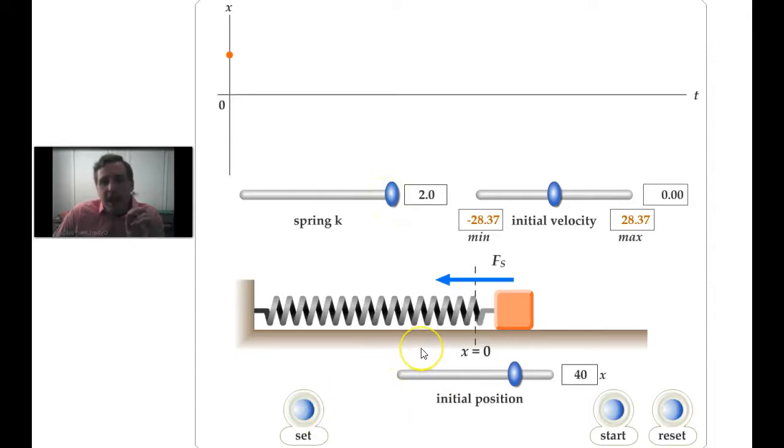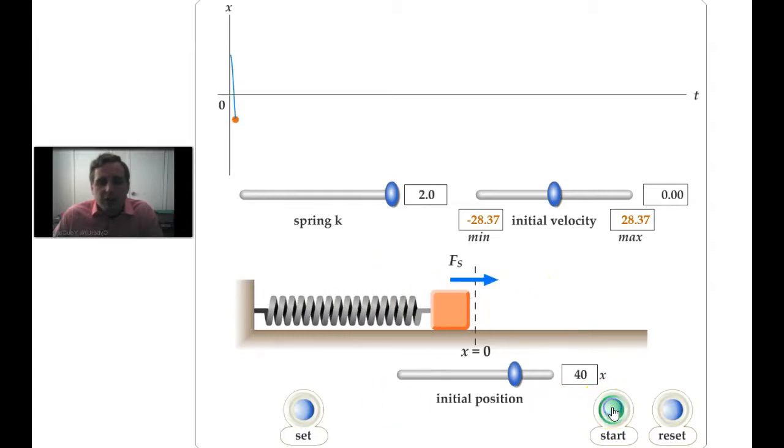And what do you think is going to happen compared to the oscillations we were just looking at? Hopefully you said the frequency should be higher and the period should be less, because if you have a stronger spring force, the oscillation should occur more often, more frequently.